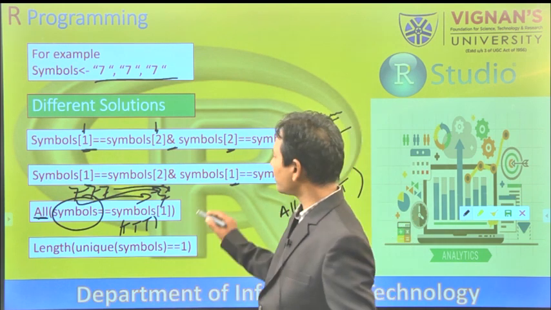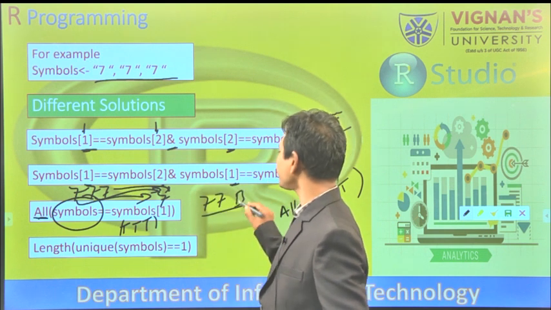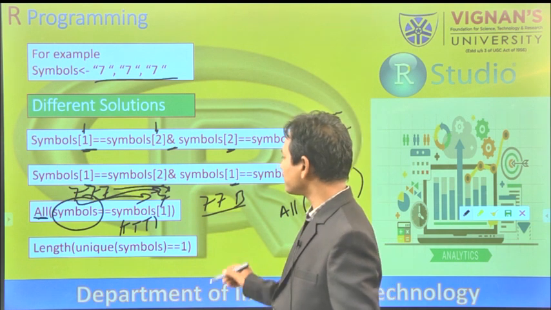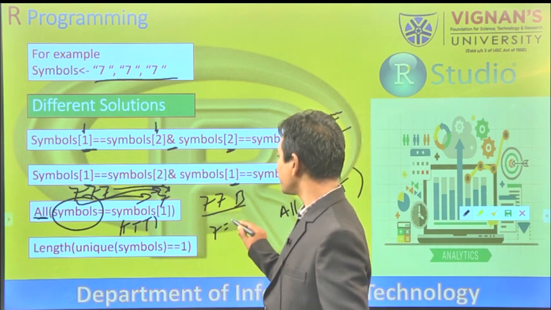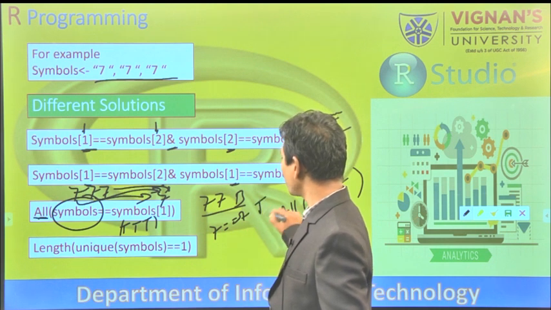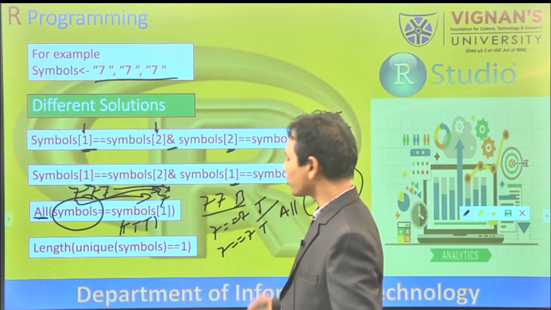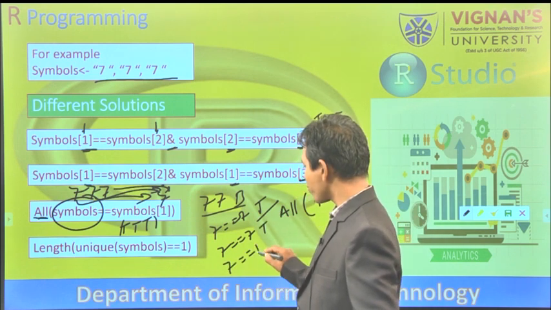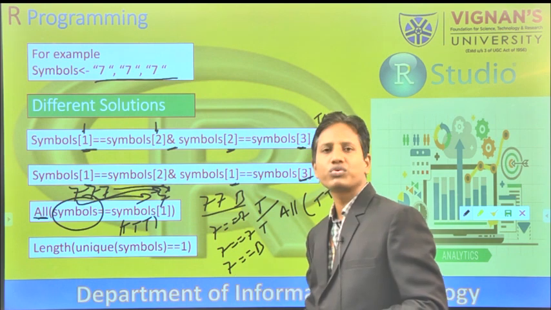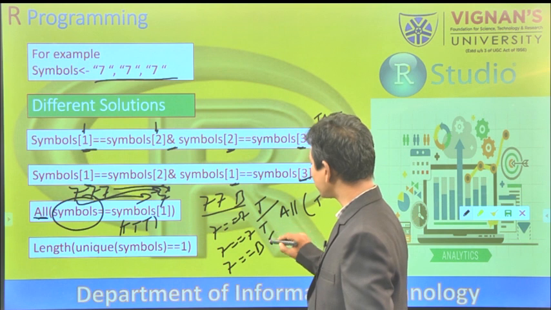In case I have 7, 7, B, what happens? The first condition is 7 equal to 7. Okay, it's true. Second, 7 double equal to 7, it's true. But the third one, 7 double equal to B, is not true, so it's going to return false.